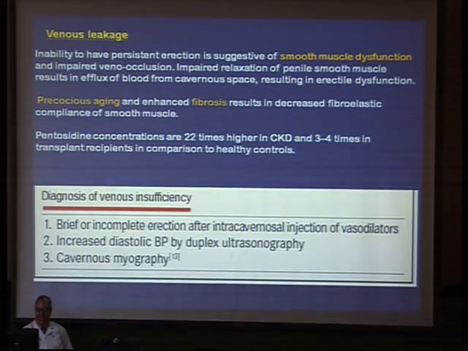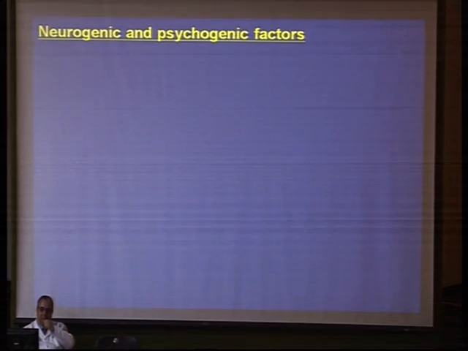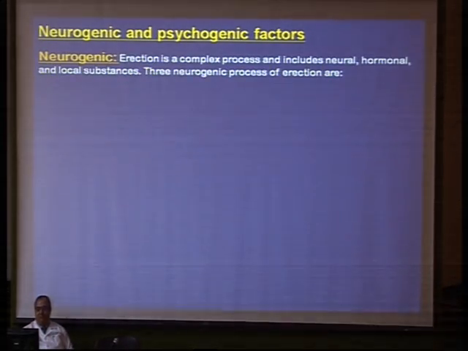This is how you can diagnose venous insufficiency in a patient with CKD or on hemodialysis: brief or incomplete erection after intracavernosal injection of a vasodilator, also diastolic blood pressure by duplex ultrasonography, and cavernous myography. Then there are neurogenic and psychogenic factors.